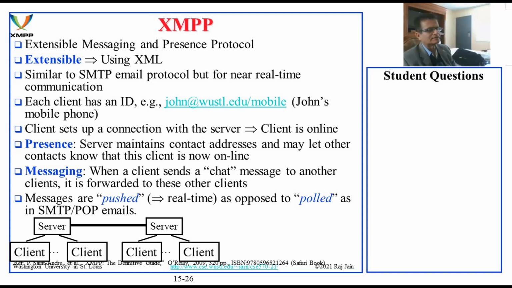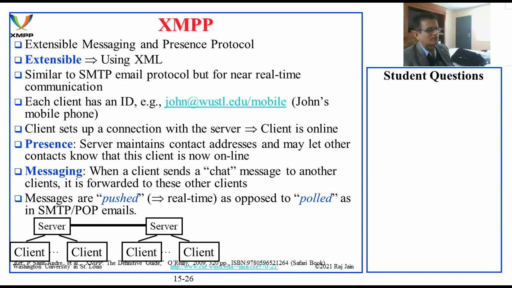The client doesn't do anything. The server says, here is a message for you, and it gives it to them. Whereas in SMTP, you don't get anything until you ask for it. You say, can you give me the next message? And they give you the next message. And you say, can you give me the next message? And so on and so forth. So that is a pull protocol, whereas XMPP is a push protocol.